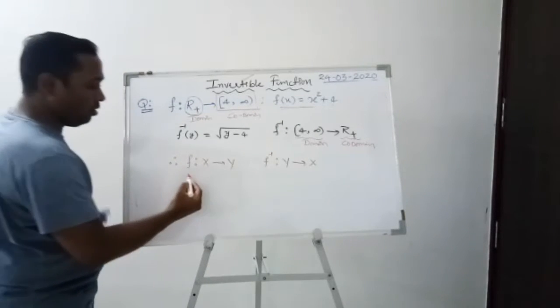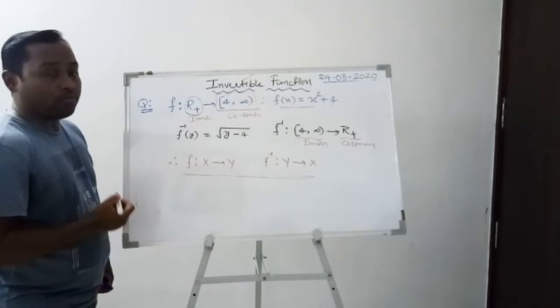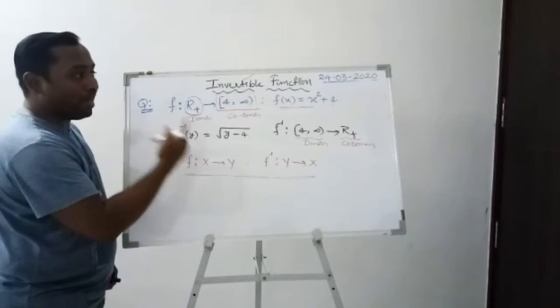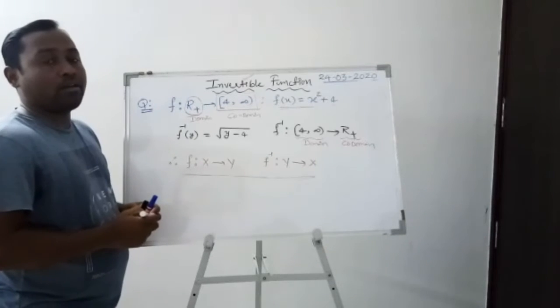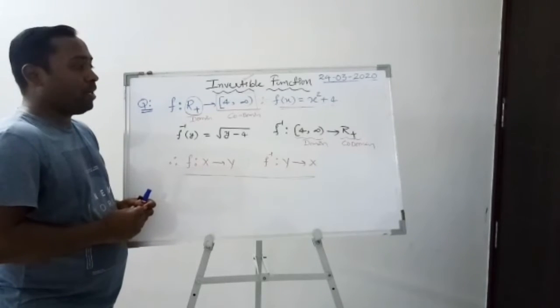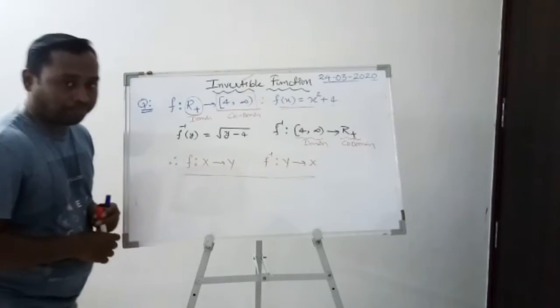So this is the function we call the invertible function through the bijective method. So in the next video, we'll continue the same topic by using the composition of functions.